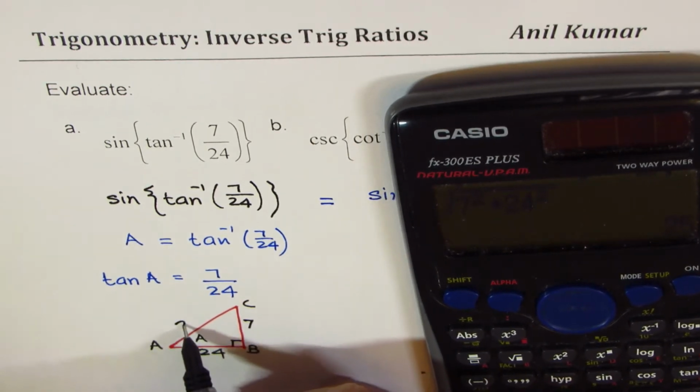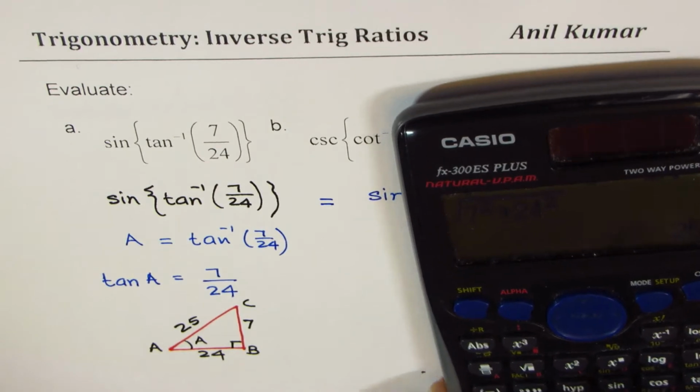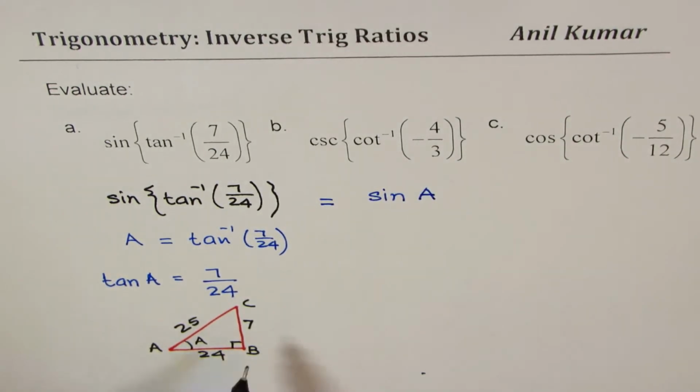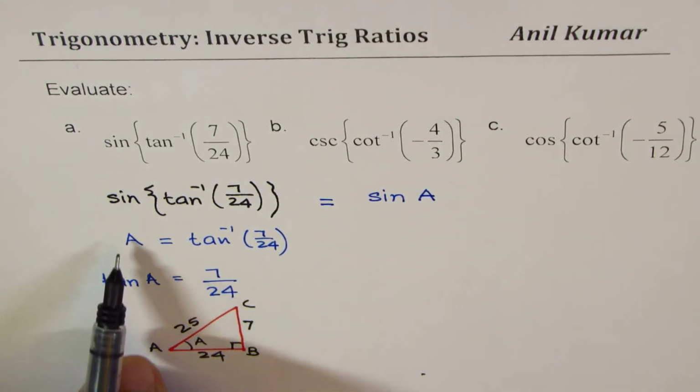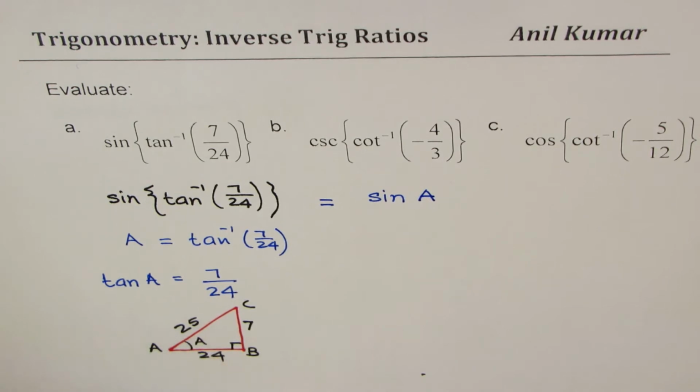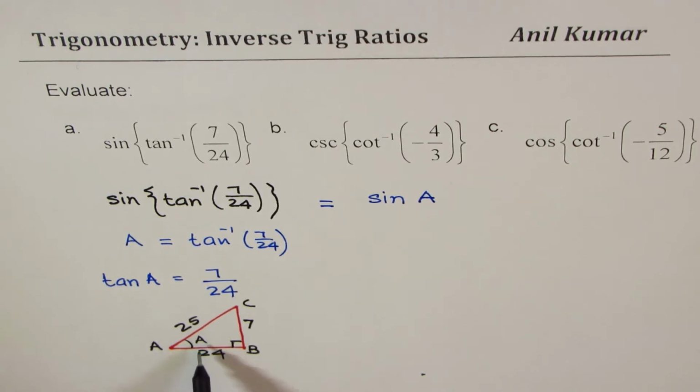So this is 25 for us. Now as soon as you know this is 25, you can write what sine A is, right? So that becomes a triangle. Is it okay? In this particular triangle, we don't even have to calculate what A is. Now that is one part of looking into it.